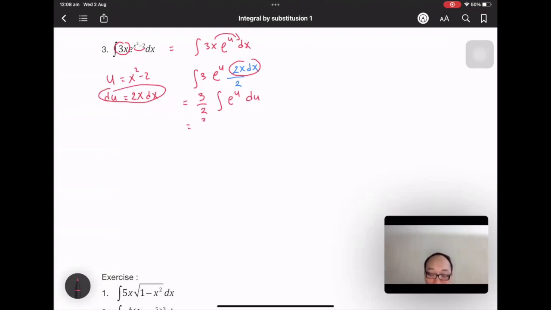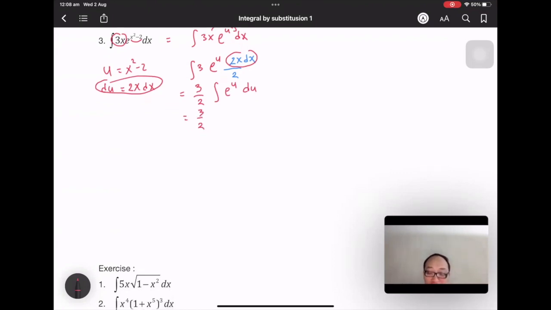So it's 3 over 2 integral e to the u, which is e to the u plus c. So it's 3 over 2 e to the x squared minus 2 plus c. So this is the final answer.